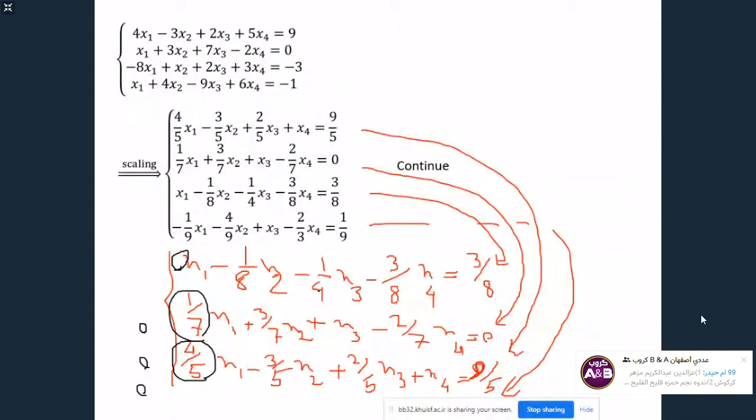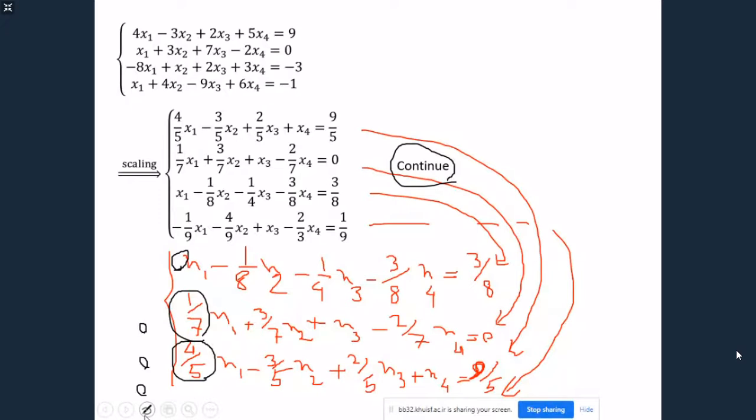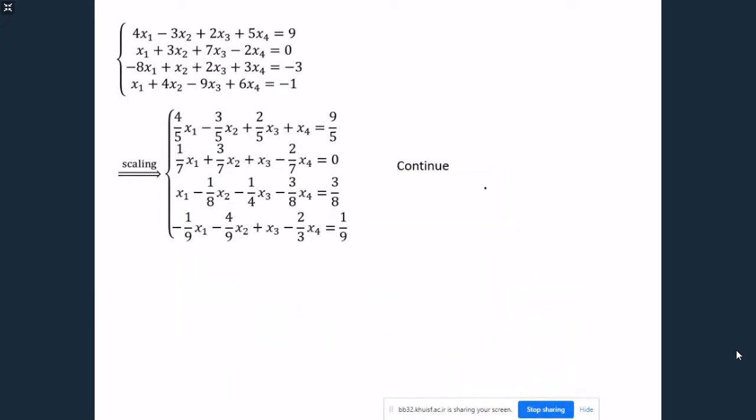And again, continue. I put that for you to do, for partial pivoting, by waiting.